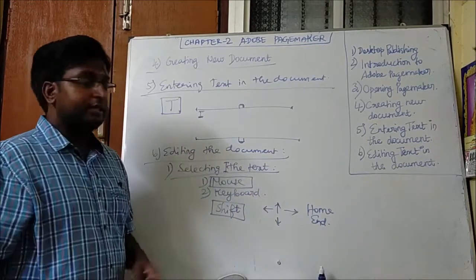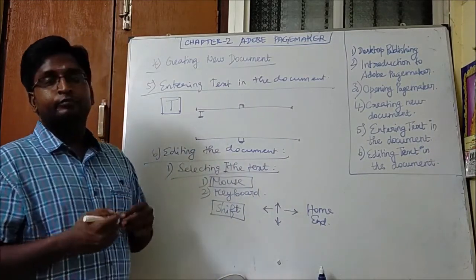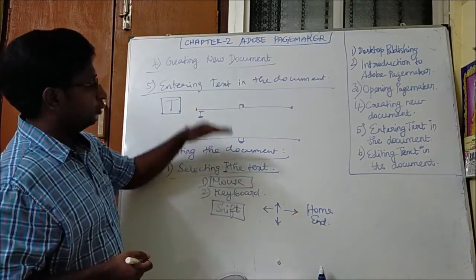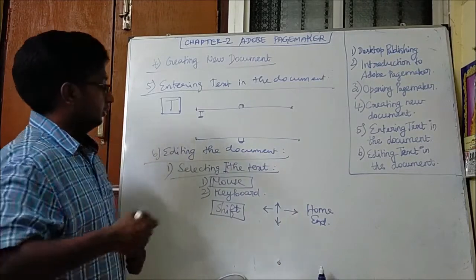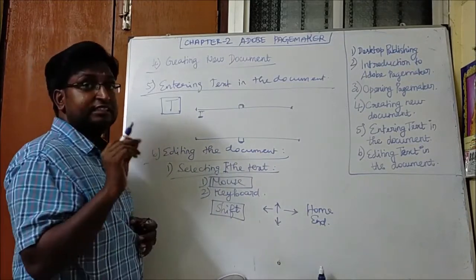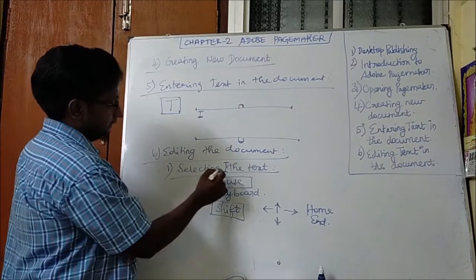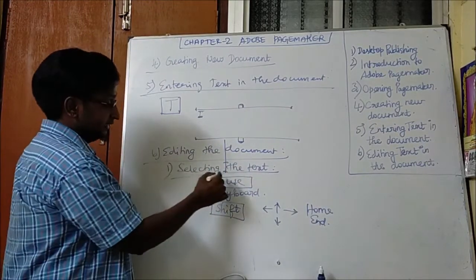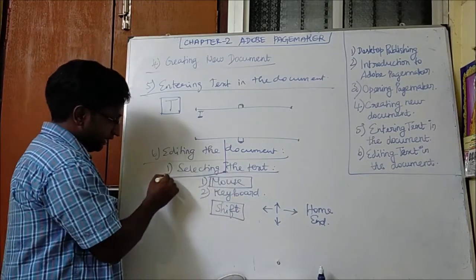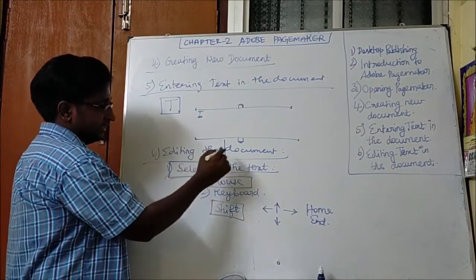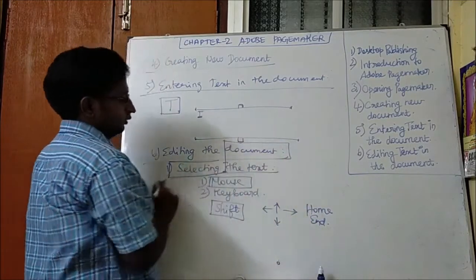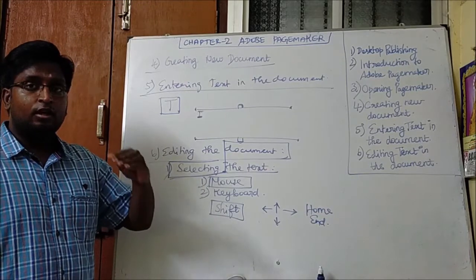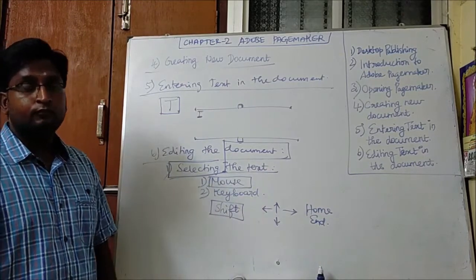If I want to select up one sentence, it will select this one, which is considered as one sentence, starting from here. So this is how the selection of up one sentence will be done.